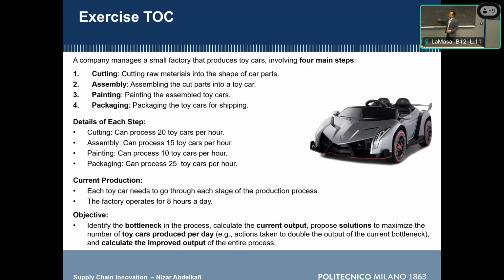So we have here cutting, assembly, painting, and packaging. Okay, so this is our process. How could we double the output? Obviously, we have to tackle the bottleneck.